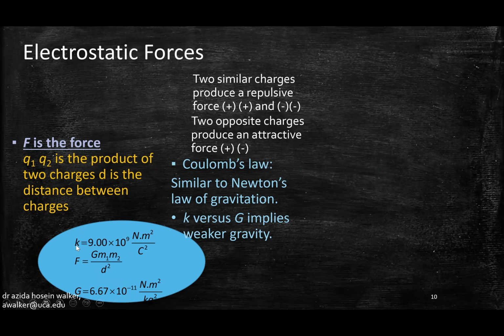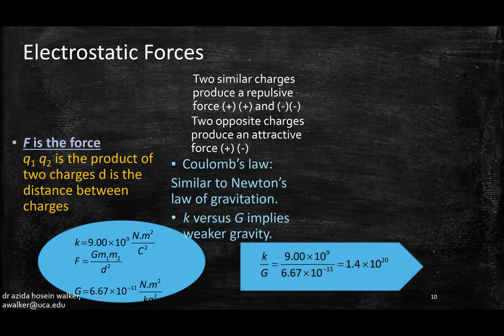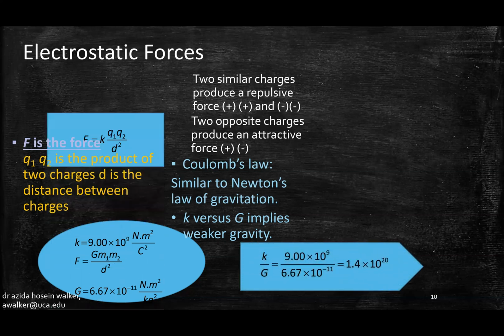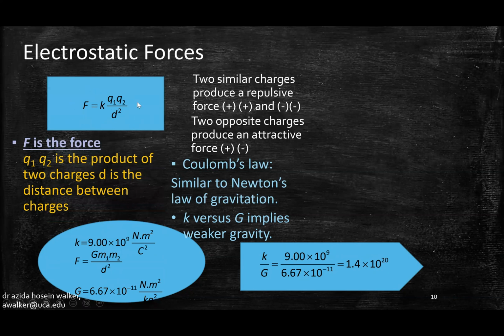In this case, with our electrostatic force, that G is replaced by the Coulomb constant K, and instead of m1 and m2, we have the charges Q1 and Q2. This is the equation for the force between two charges that are separated by a distance d and multiplied by the constant K.